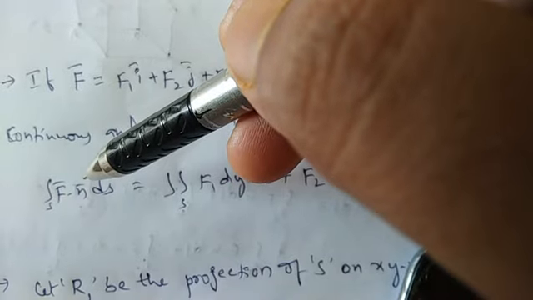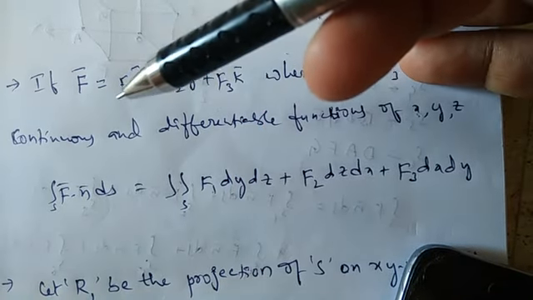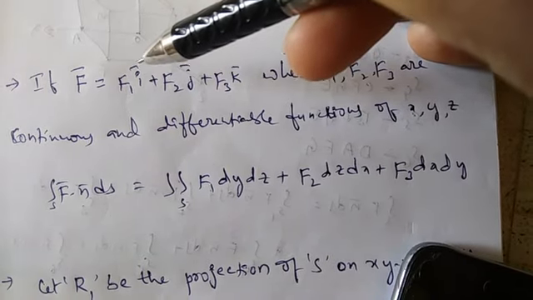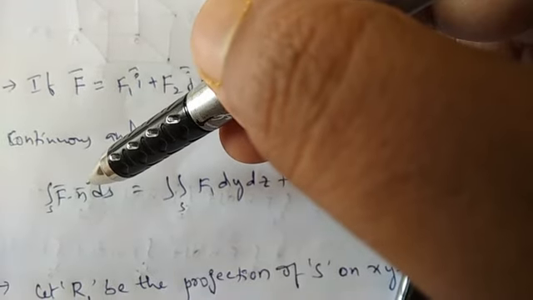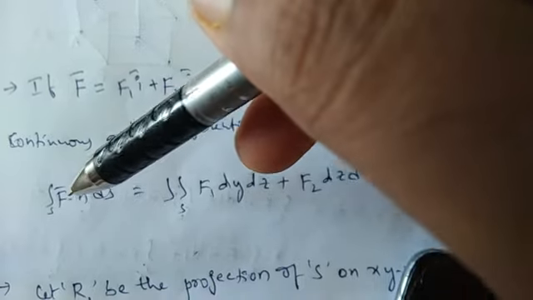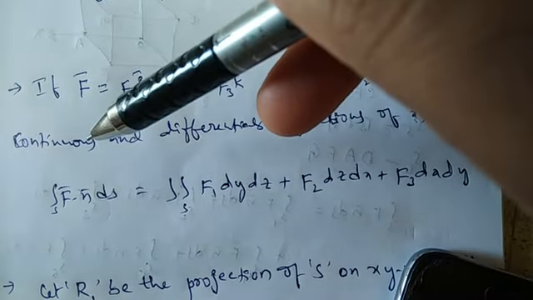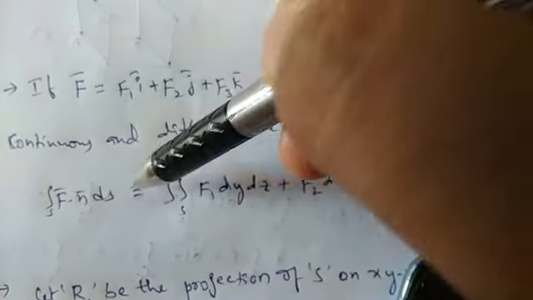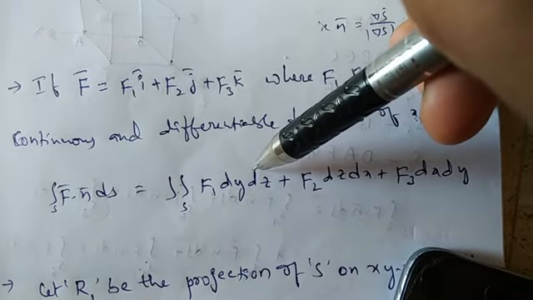If n is i, then i dot i is 1, since i is a unit outward normal, a normal vector for the yz plane. Then the integration becomes dy dz.